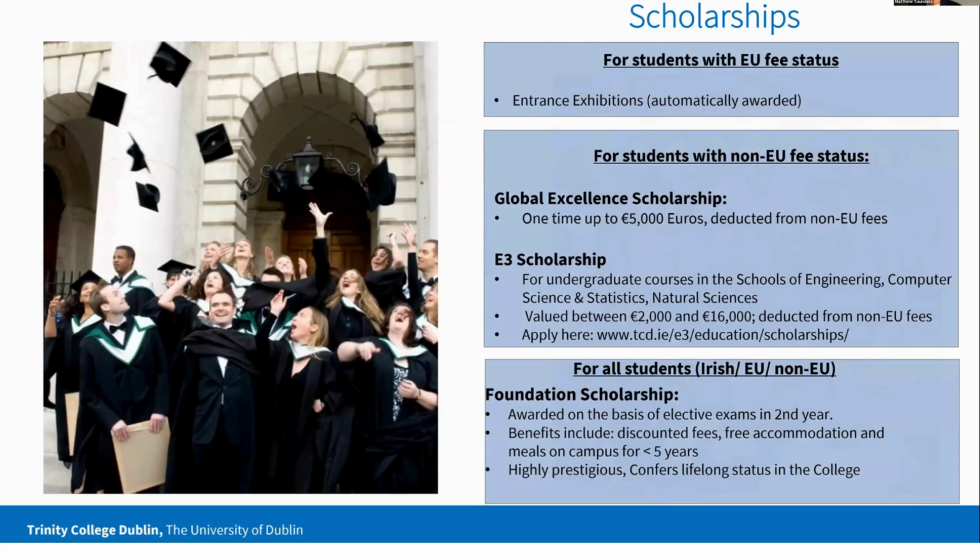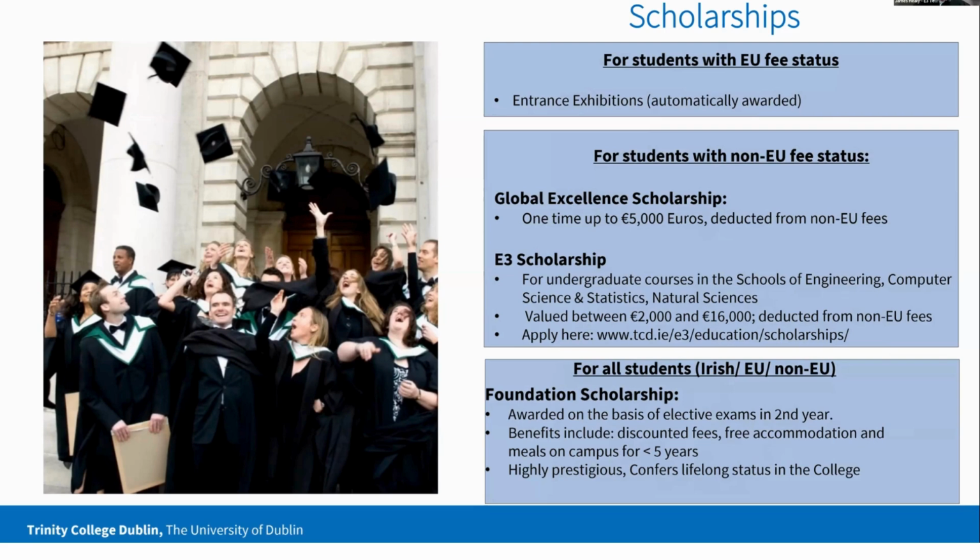I'll talk you through the scholarships as well. In order to support students' academic journey, we do offer a number of scholarships every year. For example, we offer entrance exhibitions to EU students, an award for the highest achieving student in their school that comes to Trinity.